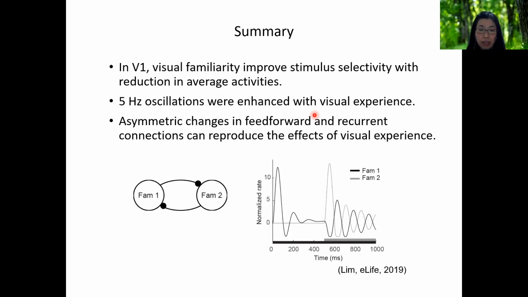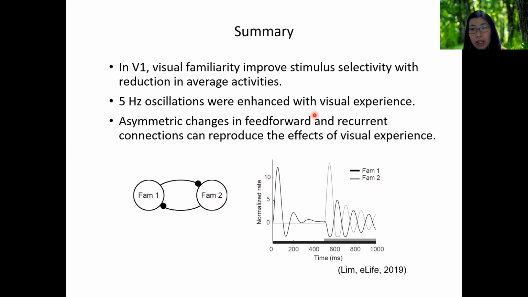And then I want to shortly add some speculation on the role of such a low-frequency oscillation arising with the visual experience. Previously, low-frequency oscillation has been discussed in visual search to characterize overt exploration or sampling behavior, or to underlie the covert shift of attention.